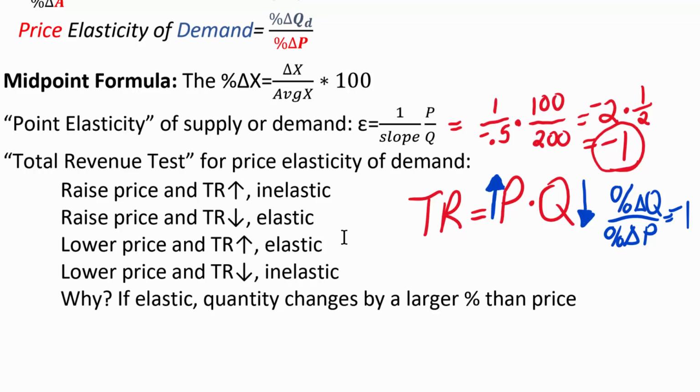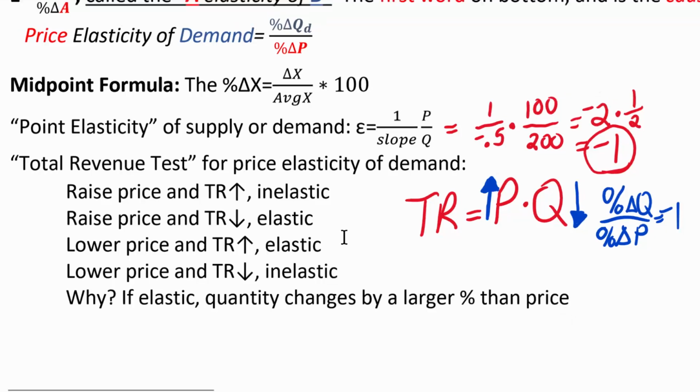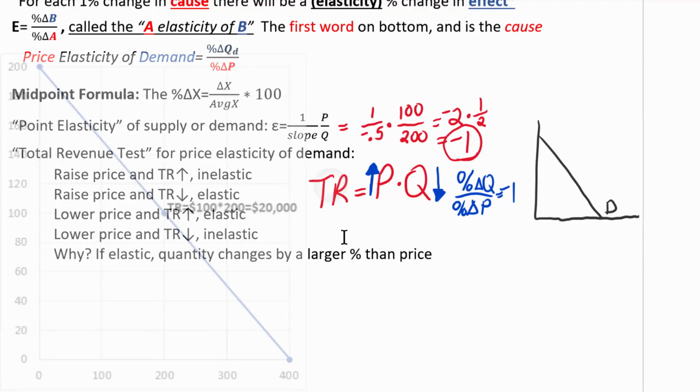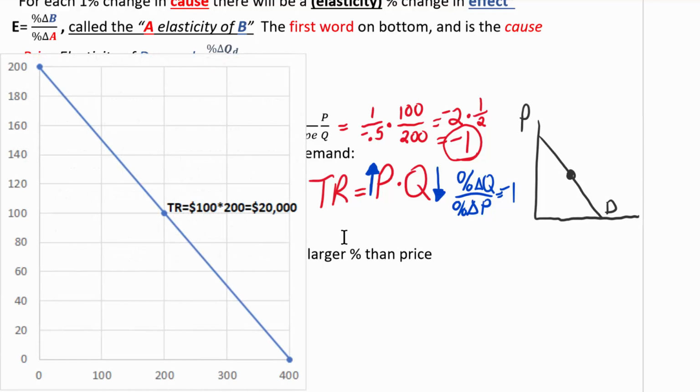Now, the one exception we might say here is, if our demand is a perfect straight line, that's a technicality where we could come up with a legitimately different answer. Right here in the middle of the demand curve, halfway down on the price, halfway over on the quantity intercepts, the elasticity is exactly equal to -1, and it's really only equal to -1 at one place.